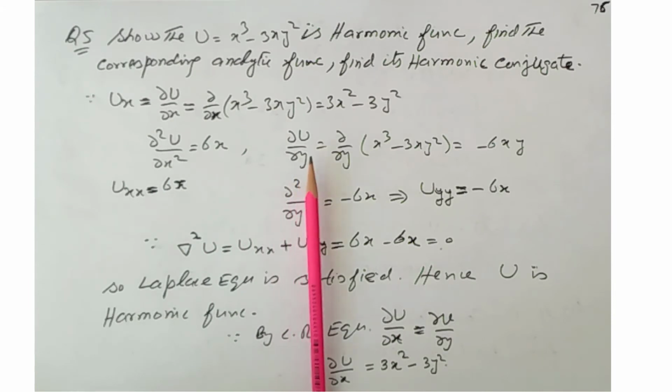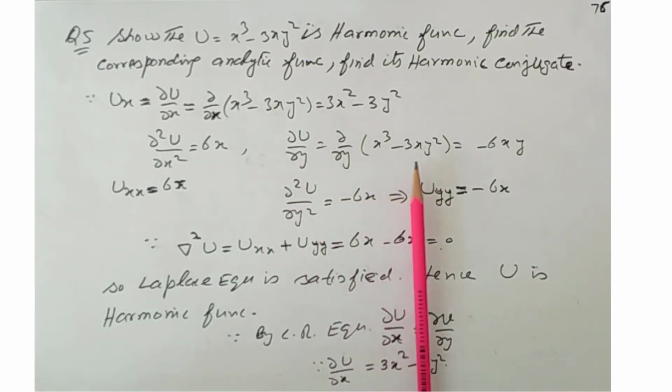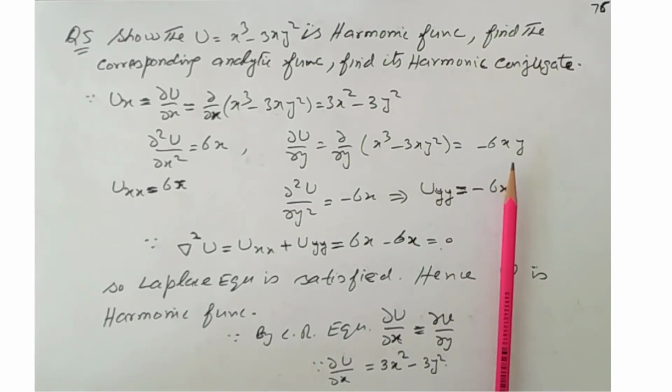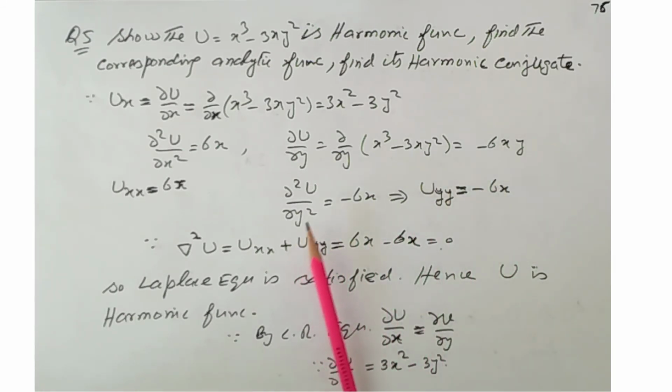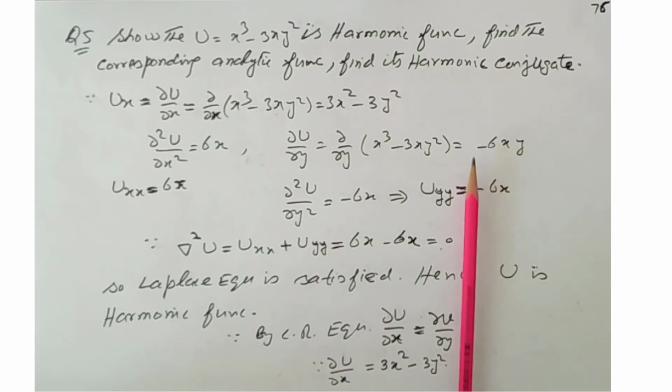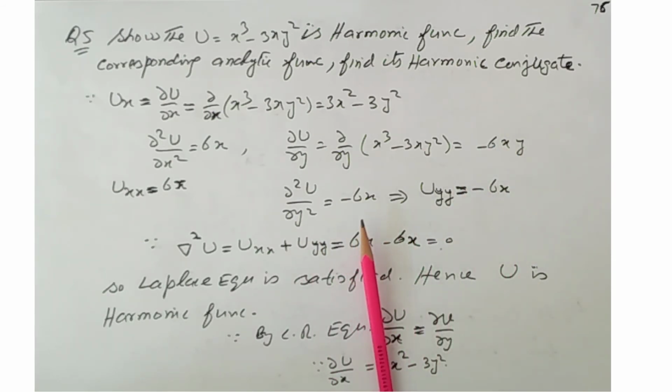Again we differentiate u with respect to y, and the derivative of this with respect to y is minus 6xy. So again differentiating this term with respect to y, this becomes the second partial derivative of u with respect to y. The derivative of this is minus 6x. So we write it as u double y, and this is minus 6x.